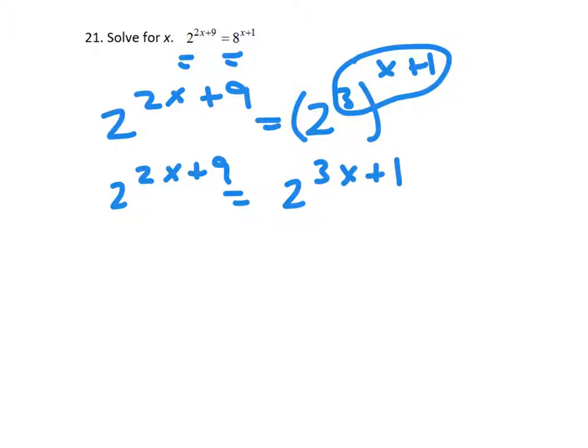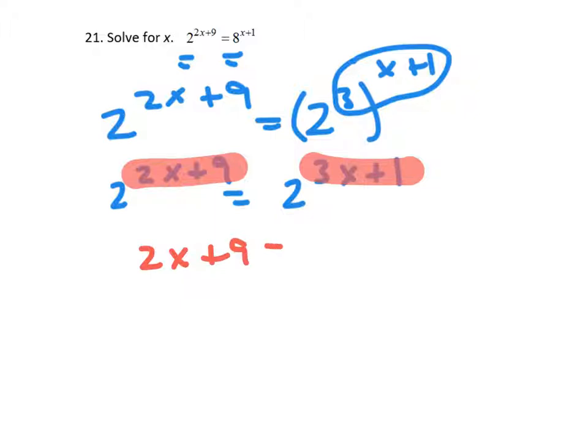And then to solve this, I think you can see we set these guys to be equal to each other. And so 2x plus 9 equals 3x plus 1. Bring over the 2, bring over the 1, and we get our answer of 8 would be our answer.